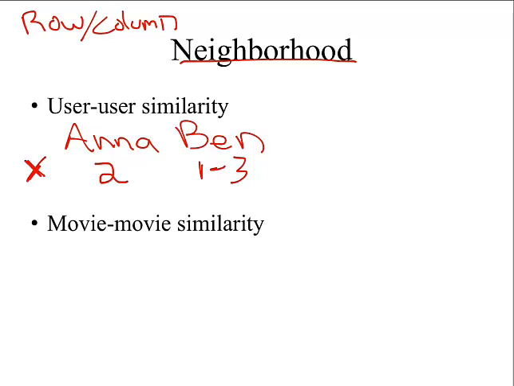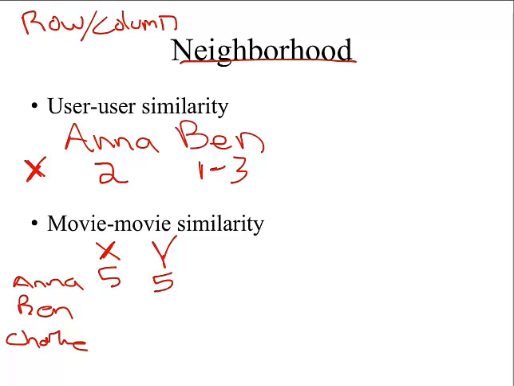At the same time, we can also look at movie-to-movie similarity. For instance, if we have 2 movies, X and Y, and we know that they've been rated similarly by different users. So we have Anna, we have Ben, we have Charlie, and maybe Anna's rated them both with 5 stars, Ben's rated them both with 3 stars, and Charlie's rated one with a 1 star, one with a 2 star, still both very low.